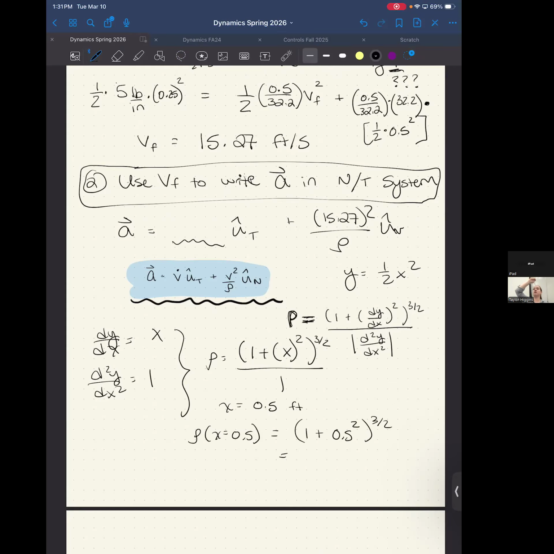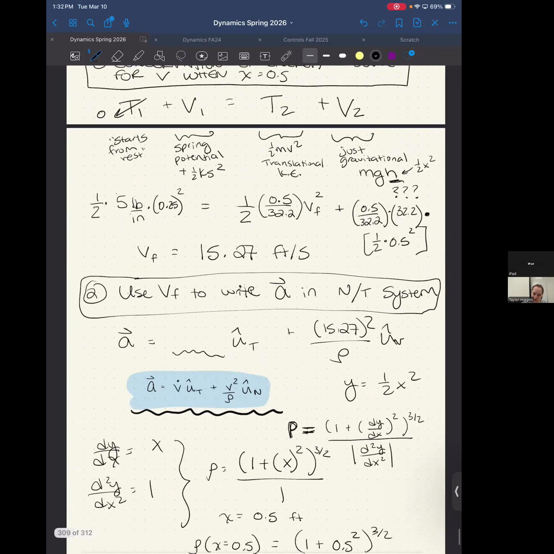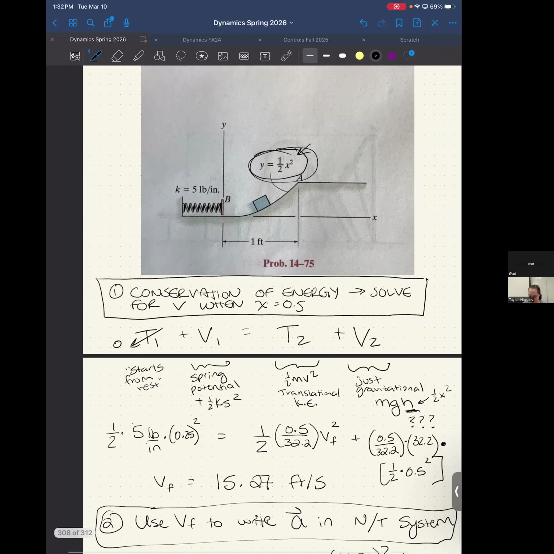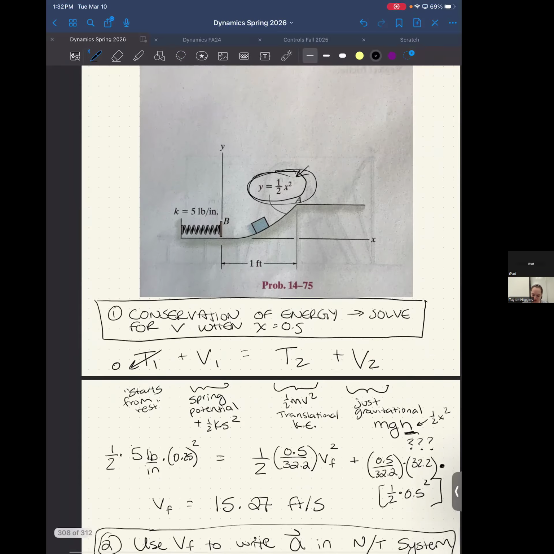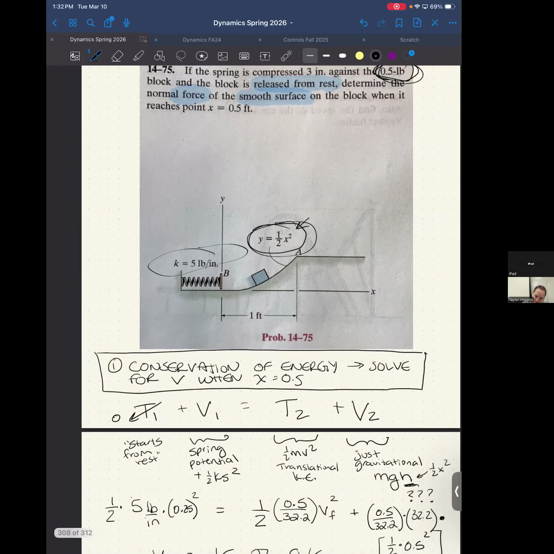Yes, Micah? Dude, the unit conversions on this are killing me. Yes, that's in inches. Okay, so 5 pounds per inch times 12 inches in 1 foot equals 60 pounds per foot.